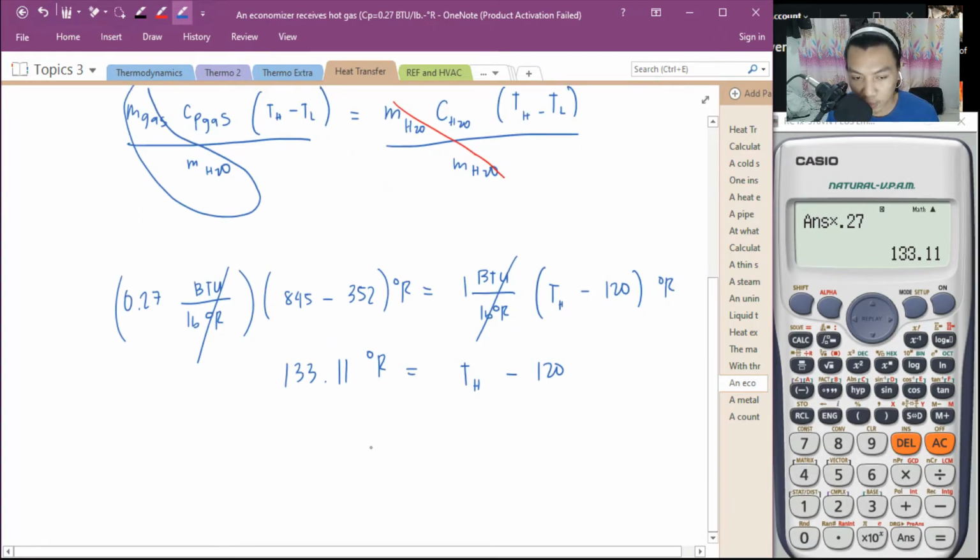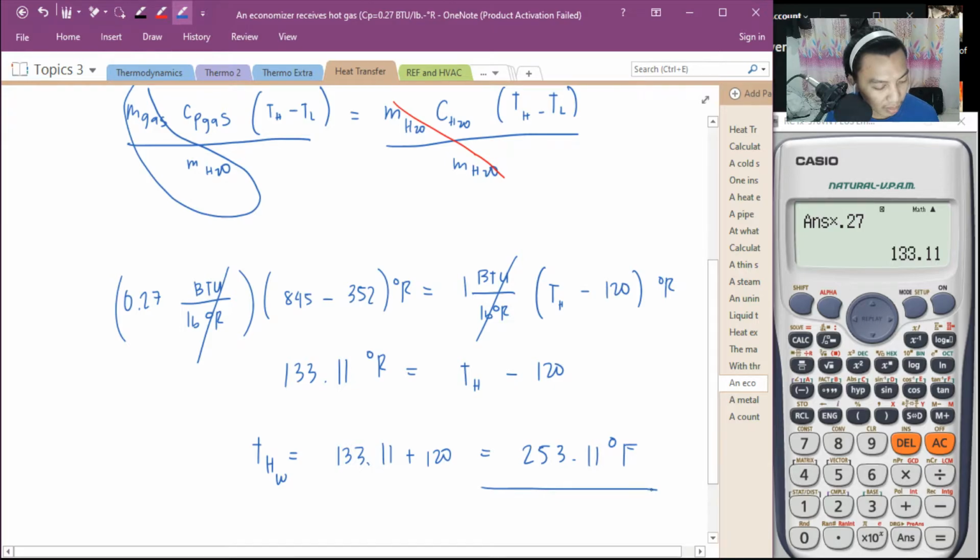So, change in temperature naman yan, and then T hot will be, for water, 133.11 plus 120. That is 253.11 degrees Fahrenheit.